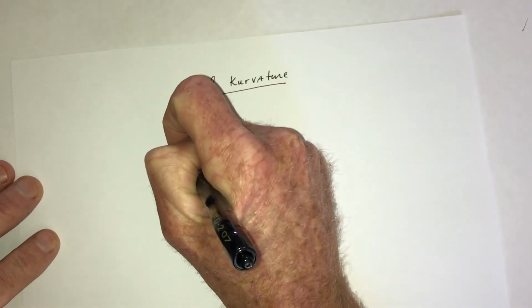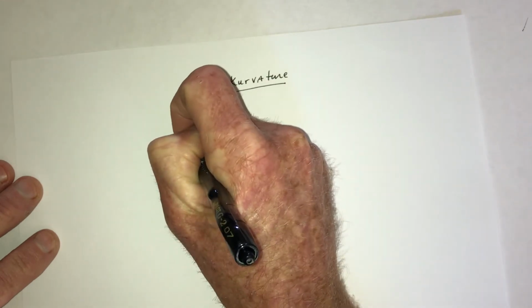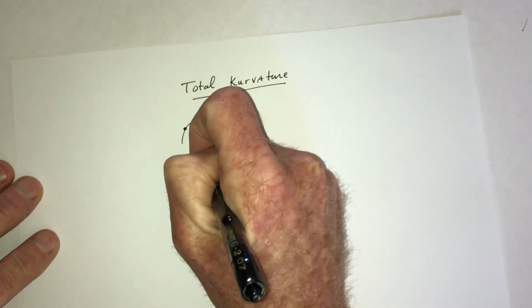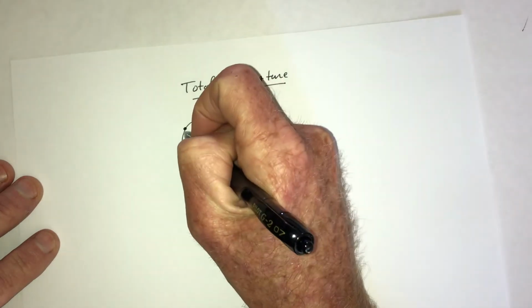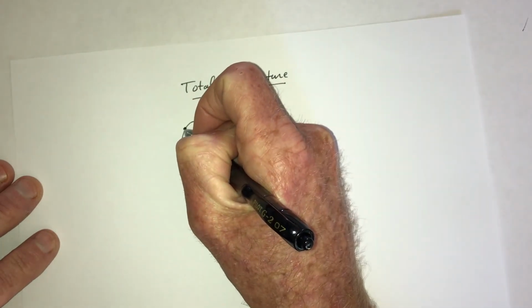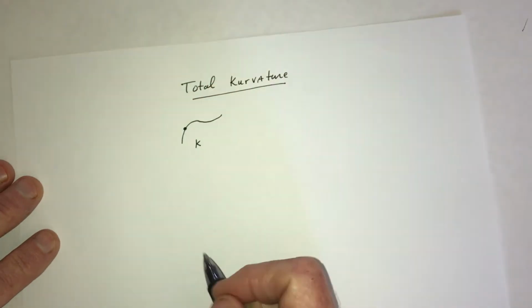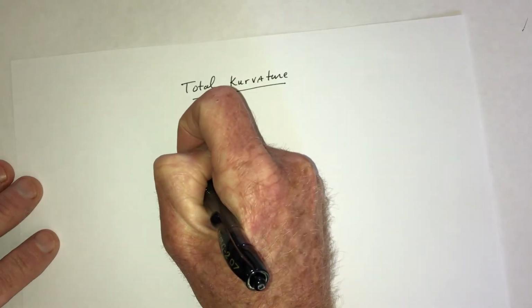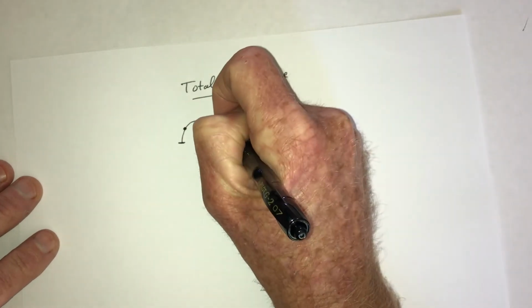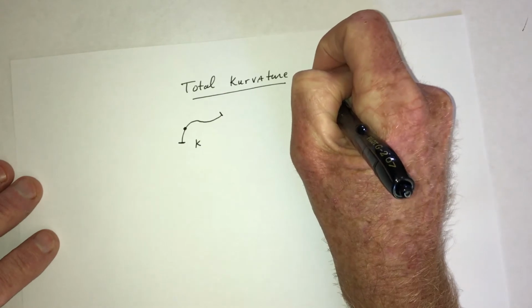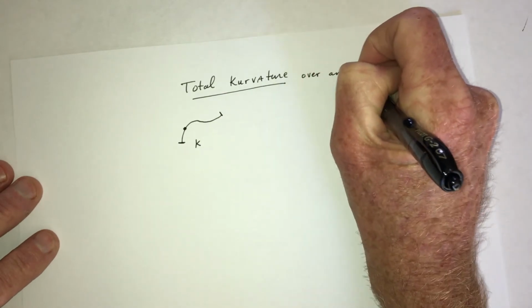But if you have some other shape, when you find the curvature, you're finding the curvature at one particular point. So as it's passing through that point, how curvy is the curve right there? But if you want to know total curvature, then you need to go from here, so total curvature over an interval.